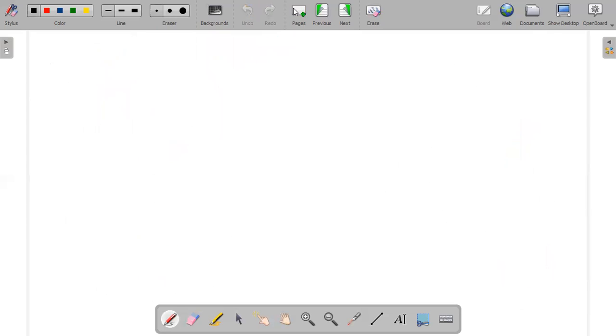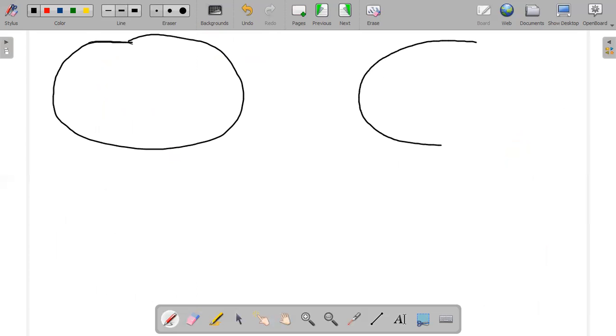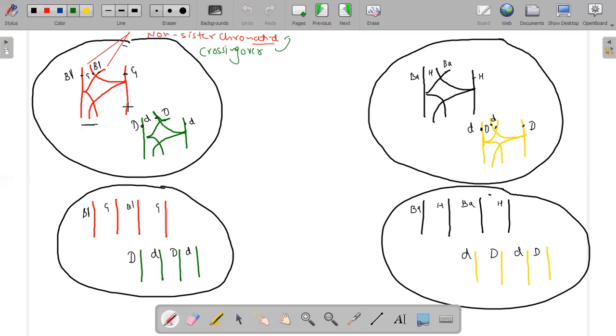These are the steps of meiosis. Doing the same thing here. These are two chromosomes and two pairs.